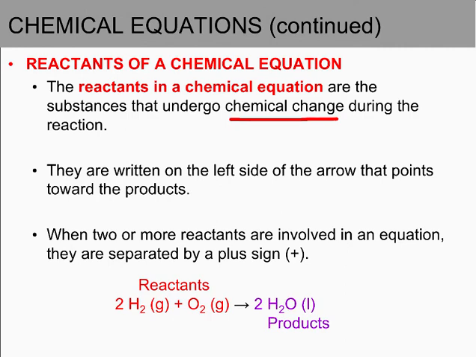Now, the other thing that you'll notice are these coefficients. So this has to do with the law of conservation of mass. We always have to have the same number of atoms on each side of the arrow. And the way we're going to do that is by adding these coefficients in front of certain molecules.